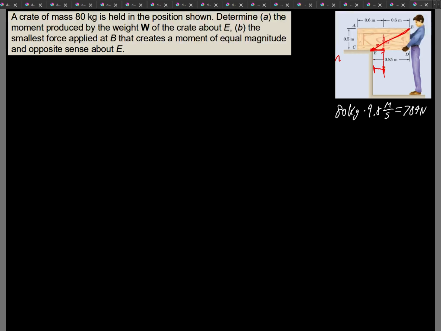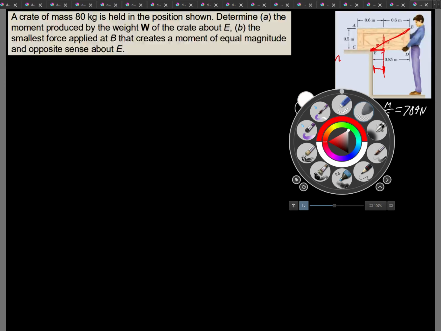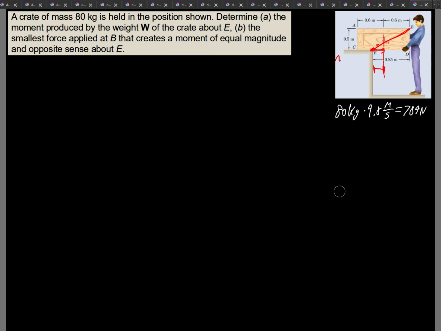And what this would be here is 8.5, we have a 6, so it would be 8.5 minus 6. Or 0.85 minus 0.6, which equals 0.25.